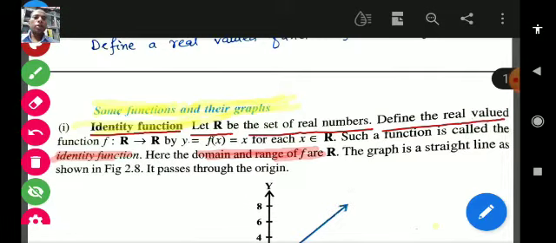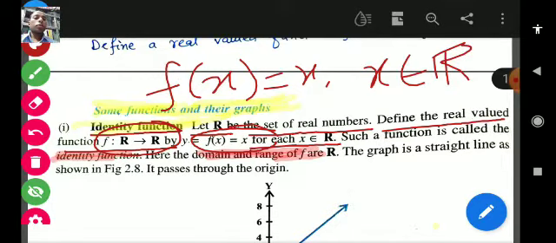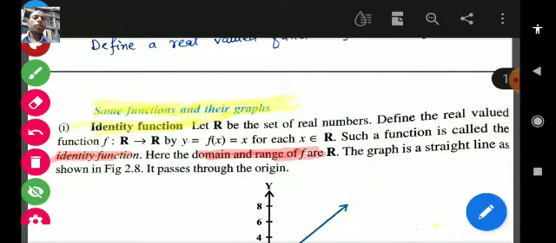Define the real valued function f from real numbers to real numbers by f of x equal to x for each x belongs to R. Such a function is called the identity function, and here the domain and range of f are the real number set.